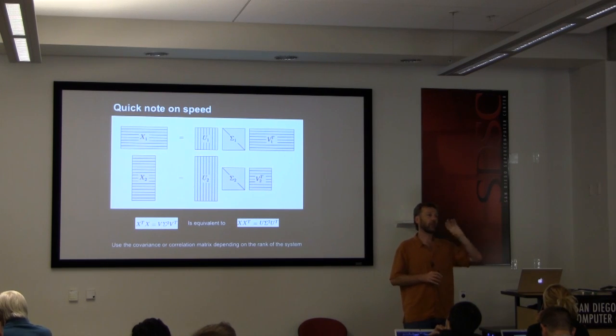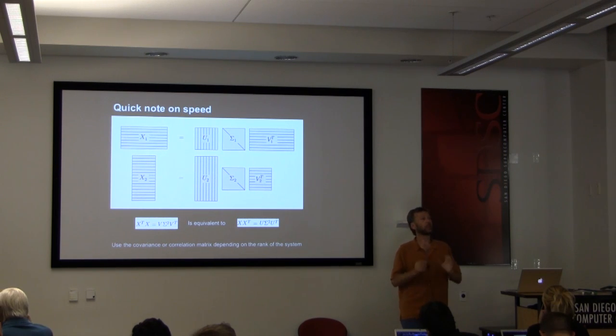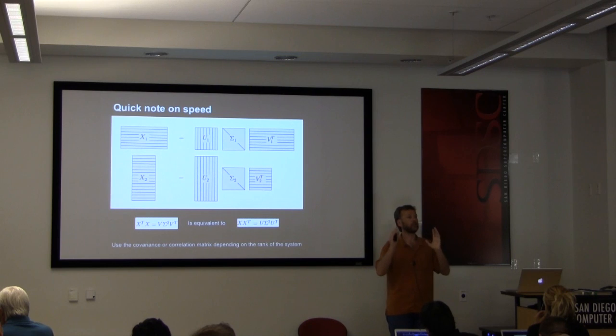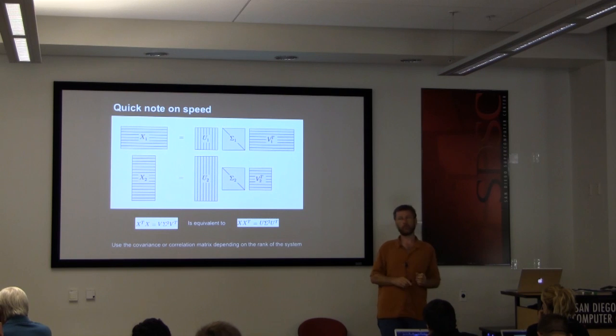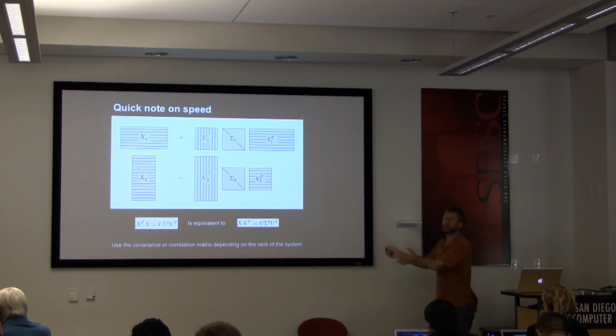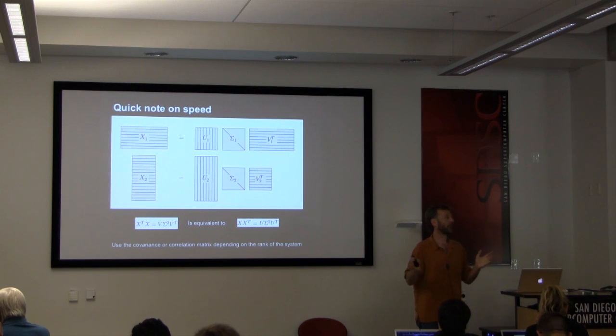If singular value decomposition scales as n cubed, where n is the dimension of that matrix, then clearly I want to work on the 100 by 100 matrix and not the 100,000 by 100,000. Right? So how you generate either the covariance or the correlation matrix is important from the computational side of things. In reality, applications such as scikit-learn take that into account for you. They just calculate the rank of the matrix and use the smaller dimension.